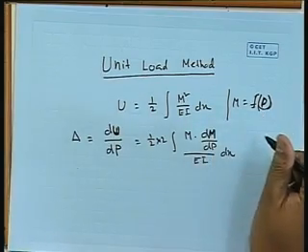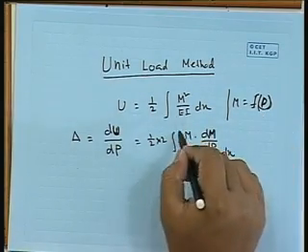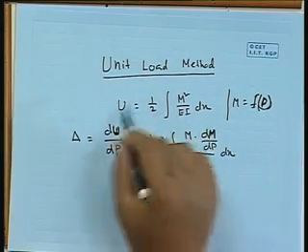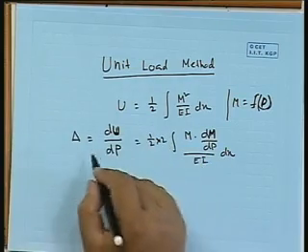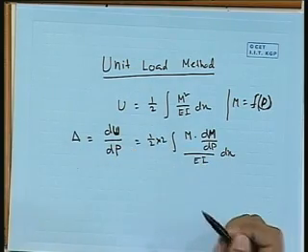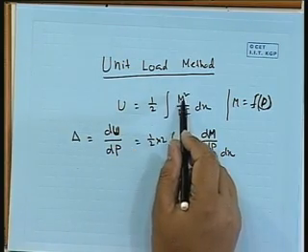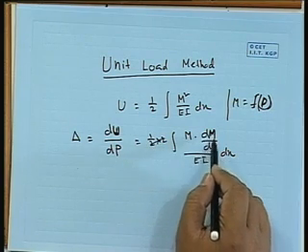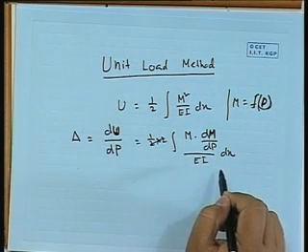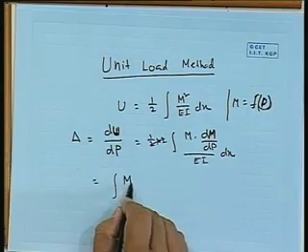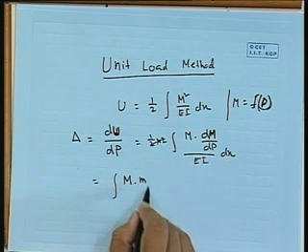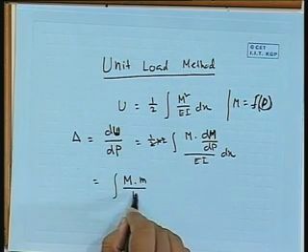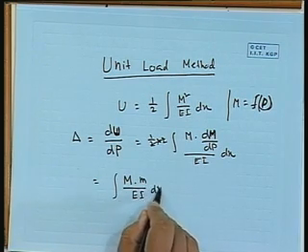If m is function of p, so m square by EI dx, this part if we take derivative, it will be dU by dp. So, here this m square will be 2m, 2 will cancel, it will be m, and this part will be dm by dp, divided by EI into dx. Now, this part we can write as, this is capital M and this derivative part if we write small m, divided by EI into dx.